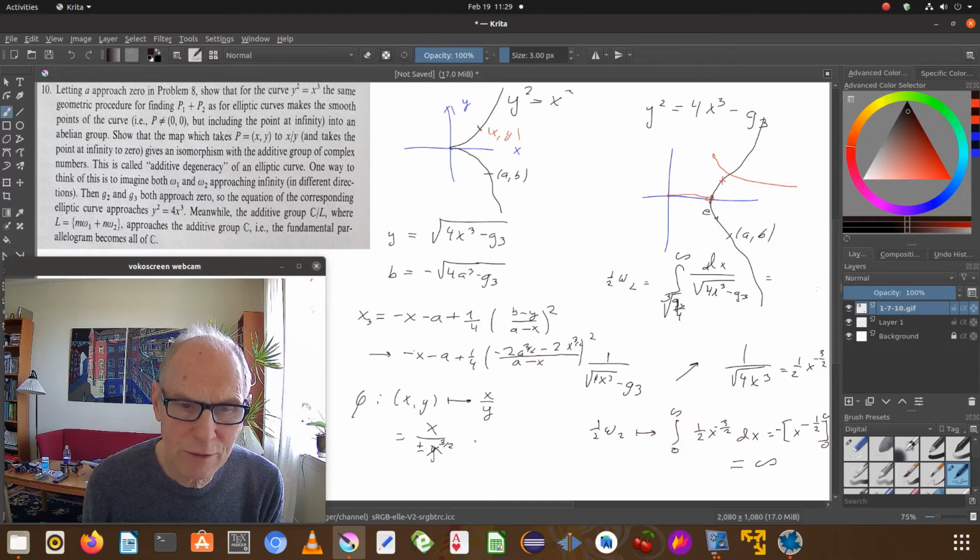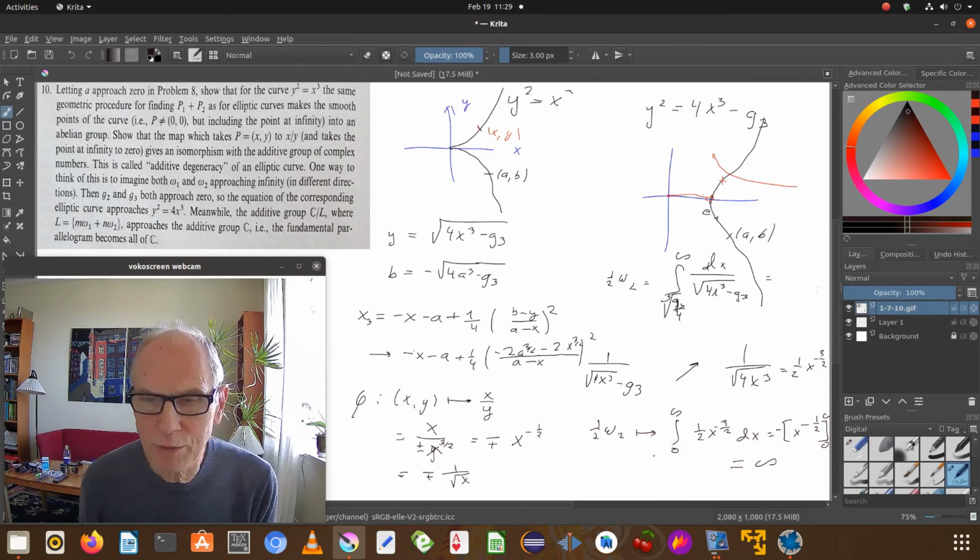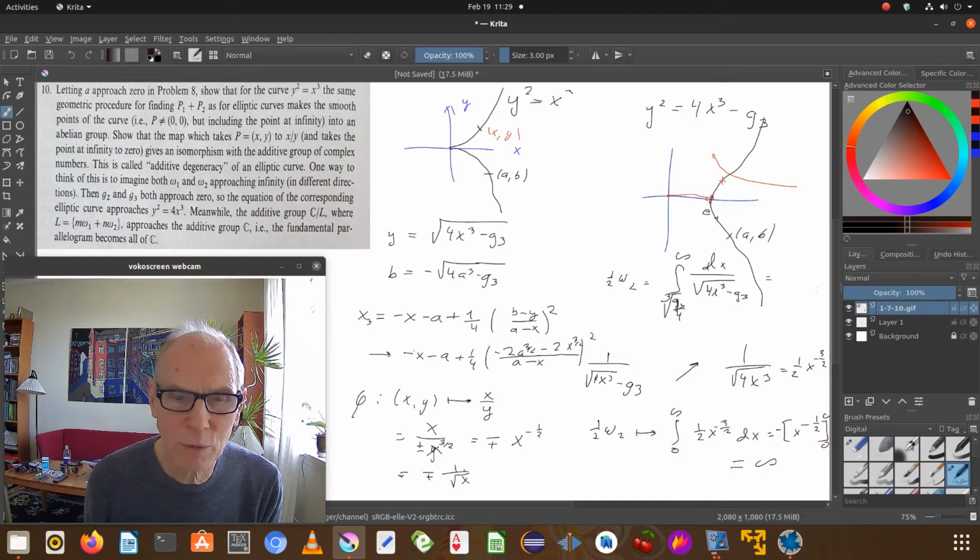X. So that gives minus plus x times 1 minus x to the minus 1/2. So it's very simple. We don't need all that complicated. We could just have worked with the x values. So 1 divided by square root x.